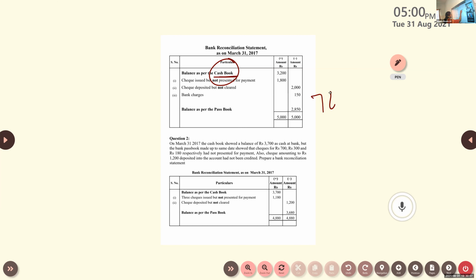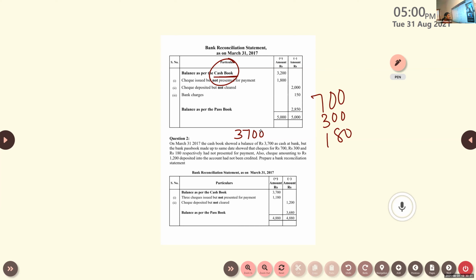But the bank passbook made up to the same date showed that checks of rupees 700, 300 and 180 had not been presented for payment. When the business prepared the cash book, they got the balance, 3,700.